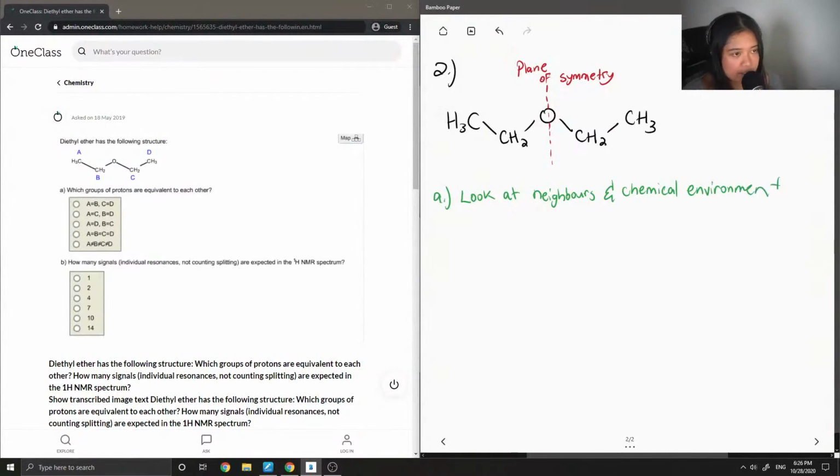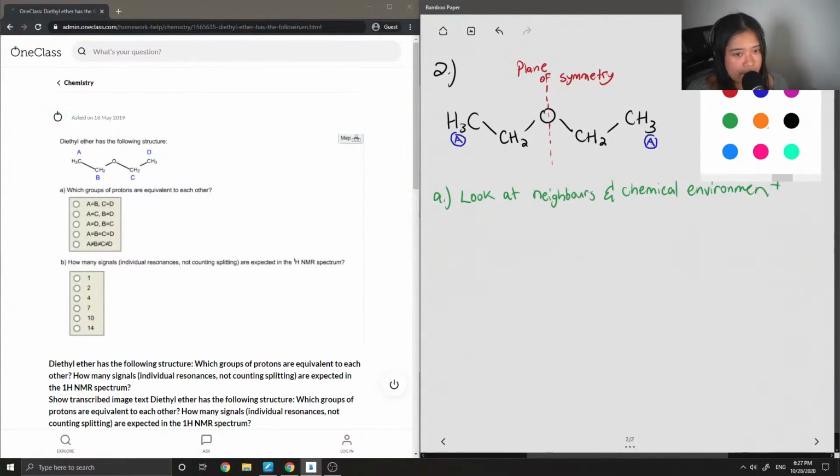What I mean by that, let's say we're looking at the protons in this first carbon. I'll label them A. If you look at the neighbors, it has a carbon with 2 other hydrogens. And you can say the same thing for these hydrogens over here. If you look at what it's attached to, a carbon with 2 hydrogens.